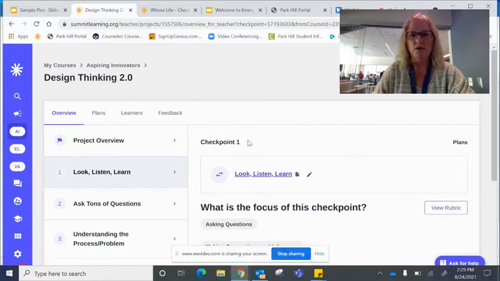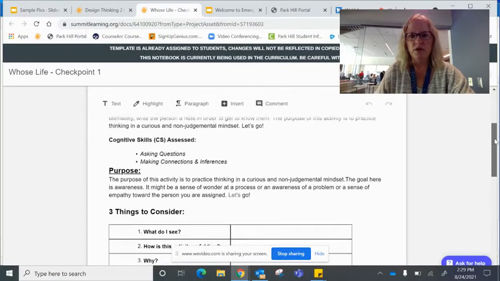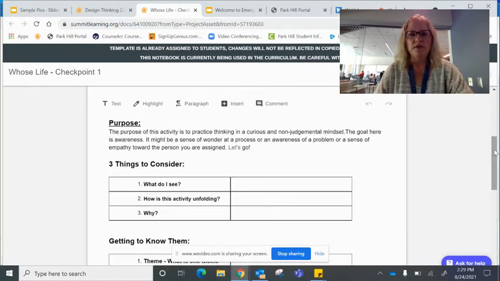Okay. So when you take a look at the checkpoint, here's what you're going to do. The whole purpose of this activity is to get you to start researching something. What are you researching? You're researching who the heck is this person and what makes them tick.